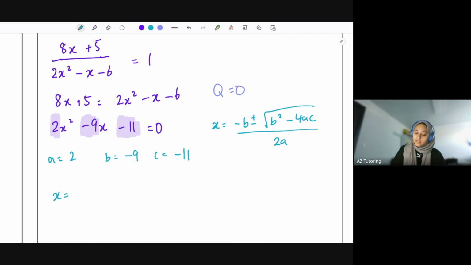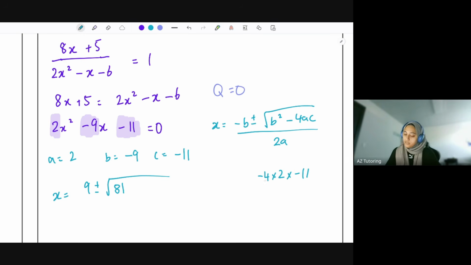So x equals minus b. So b is minus 9, so minus b is minus minus 9, and two minuses together give you a plus, so it's just 9. Plus or minus the square root of b squared: minus 9 squared is 81. I've then got minus 4 times a, which is 2, times c, which is minus 11.